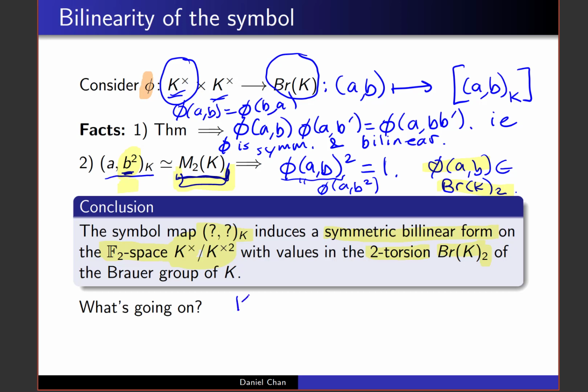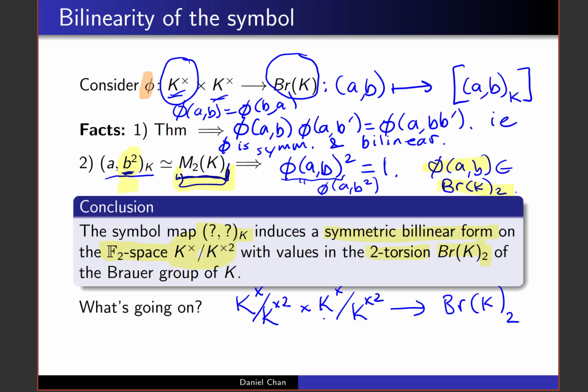So initially you have this bilinear form, which maps to, well, first we saw that it maps just to the Brauer group of K, but we found that it always goes to the 2 torsion, that subgroup of 2 torsion elements. The other thing we saw is that it doesn't matter if you change this element of K by some square. So you might as well just factor out by the squares here.